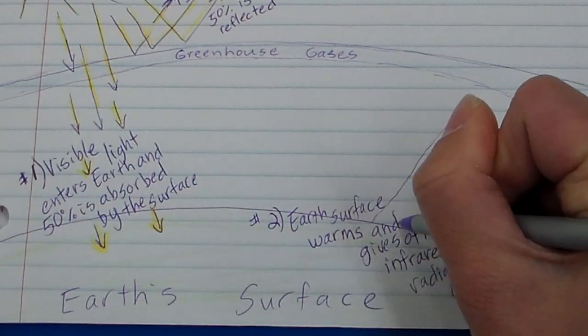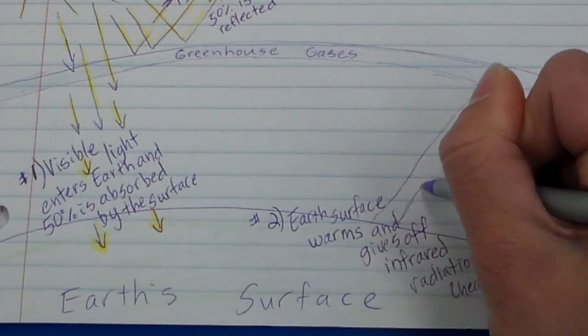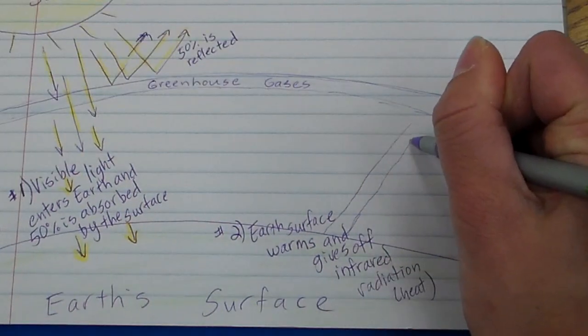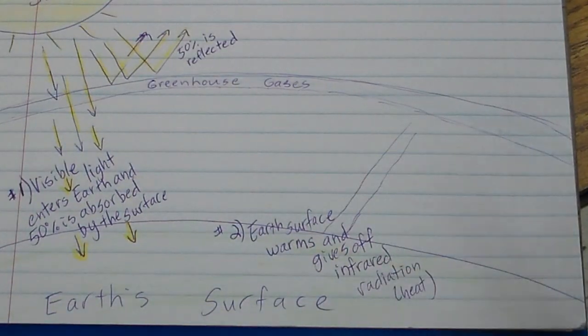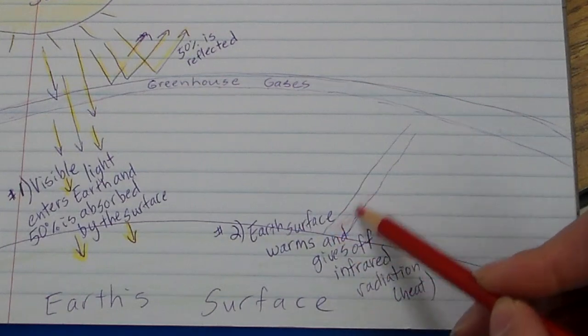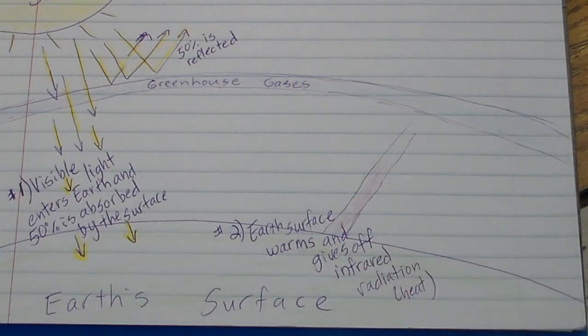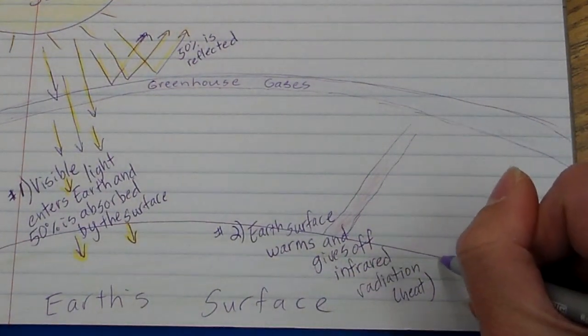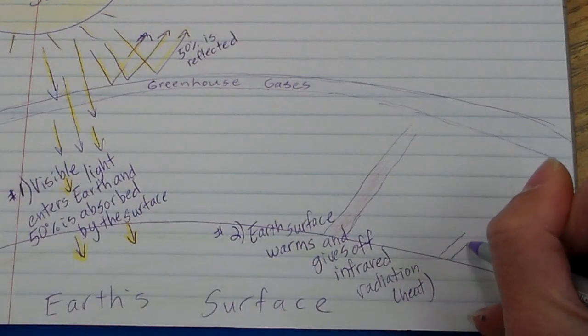I'm going to draw a little bit of a thicker arrow here, and this is our infrared radiation. I'm going to be coloring in these arrows red. I'm just going to do a little bit right now and then come back to it. I'll draw another arrow over here as well.